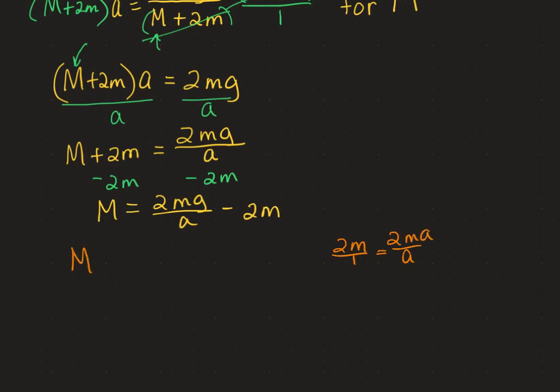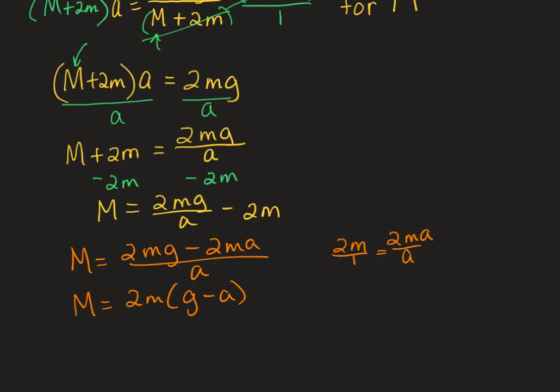Another form of this literal equation would be 2mg minus 2ma over a, which is looking good, but maybe it would be easier to use it in the form 2m times g minus a. I have taken out the greatest common factor there, and that's all over a. Have I isolated m there? Yes. Have I isolated m in this equation? Yes. Have I isolated in this one?